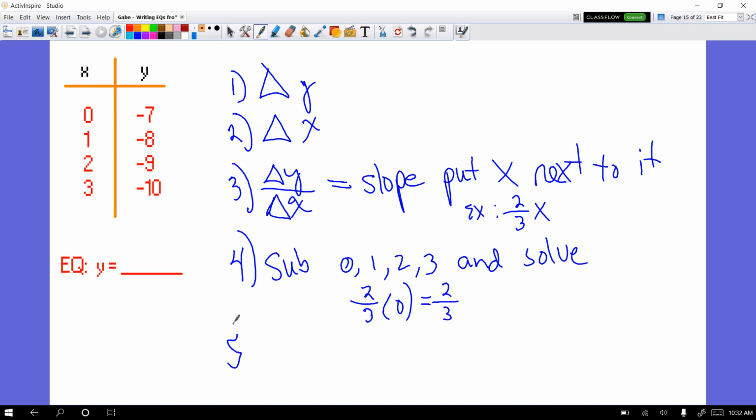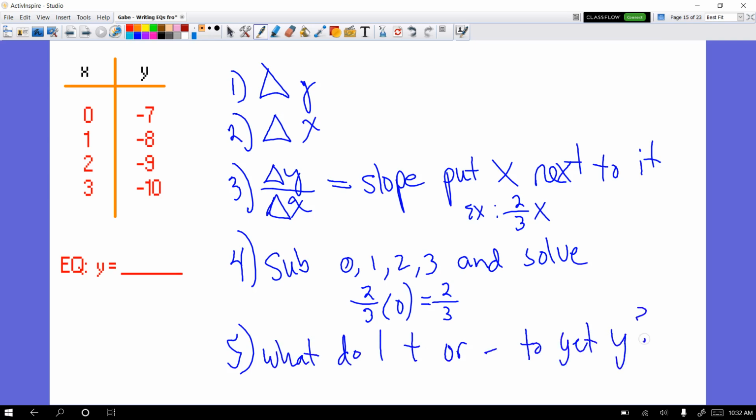Then you ask yourself, what do I add or subtract to get y? And you're going to be looking at your y values to make it get there. Okay? Now, the 2/3 is just an example. It has nothing to do with this problem. I'm giving you an example. So then you would have 2/3 x plus 3.